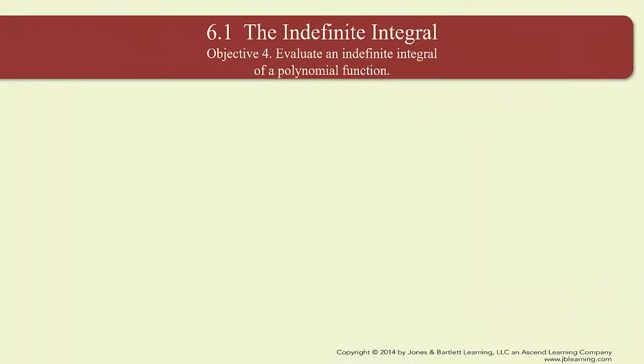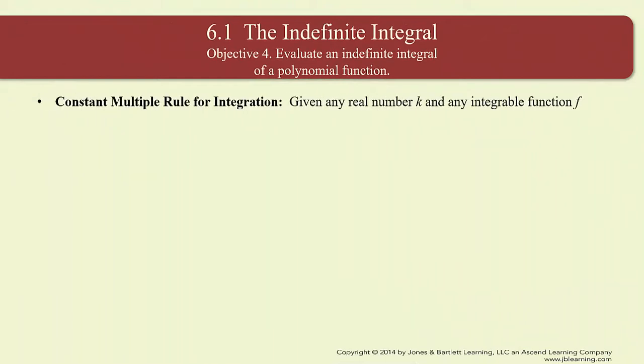All right, I hope that example made sense. Our next rule is called the constant multiple rule for integration, and it looks very similar to the constant multiple rule for differentiation, which these rules should be somewhat similar, since differentiation and integration are inverse operations.